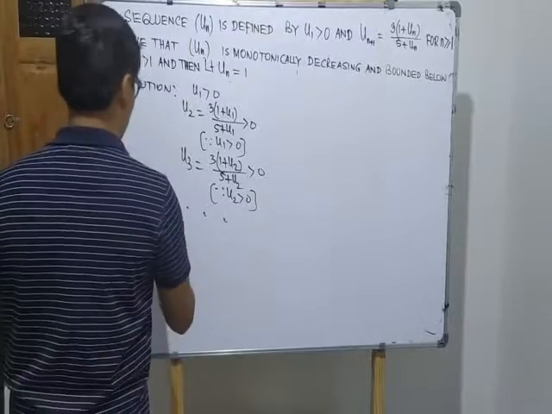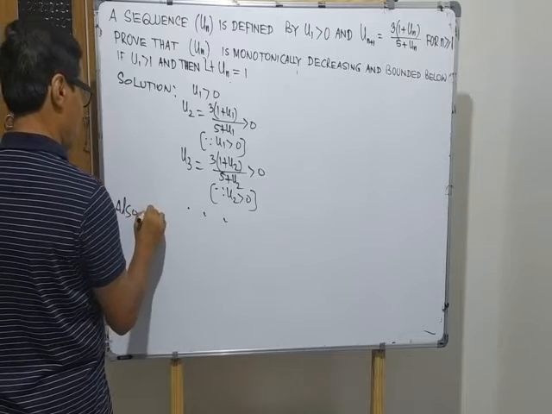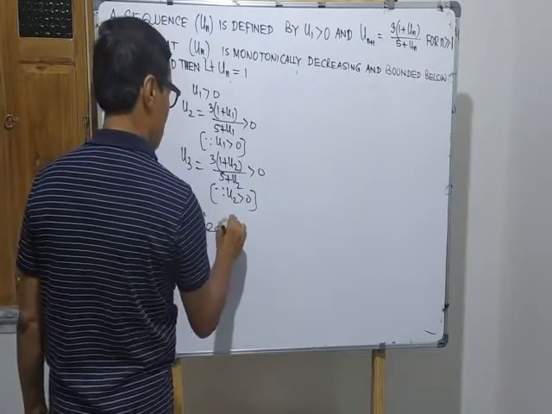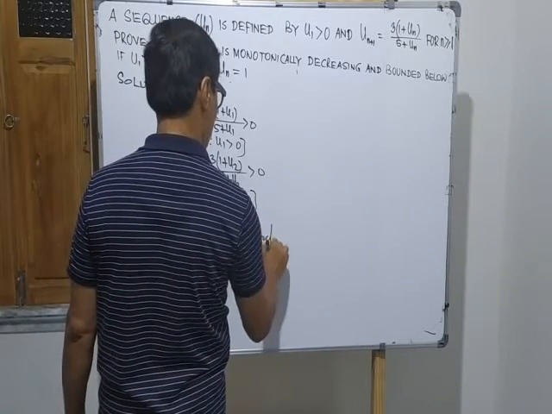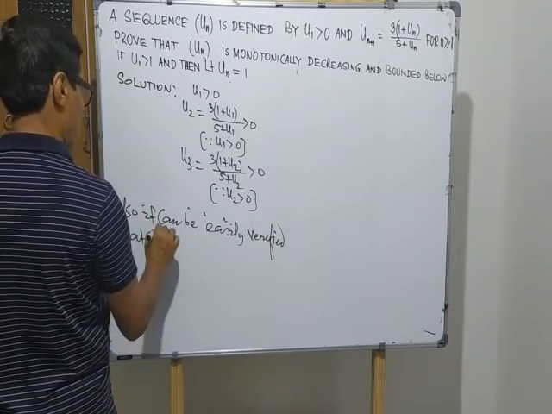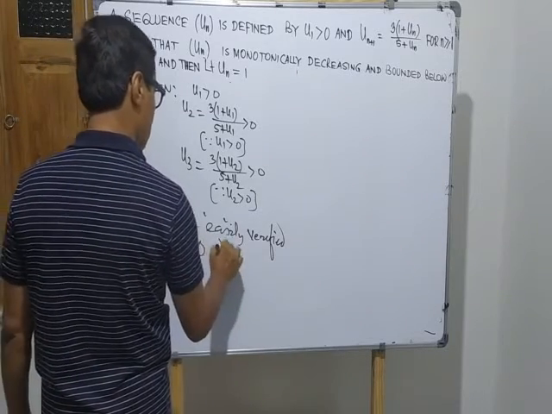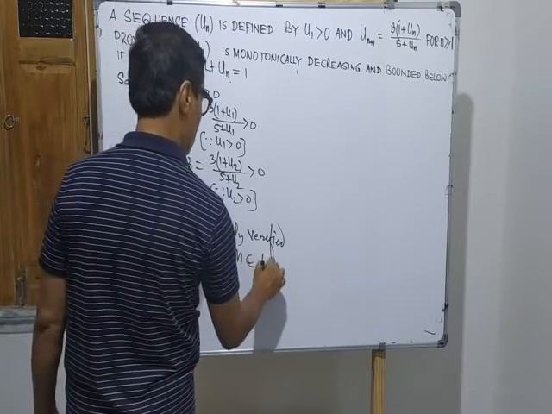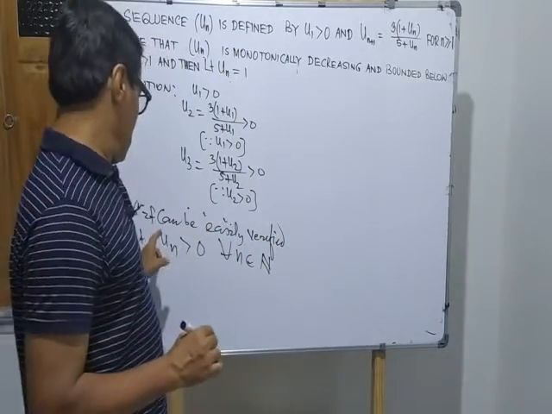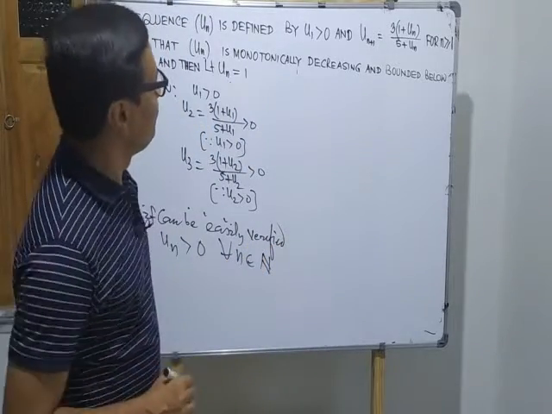It can be easily verified that all terms of the sequence are greater than 0, that is un greater than 0 for all n belonging to the set of natural numbers.